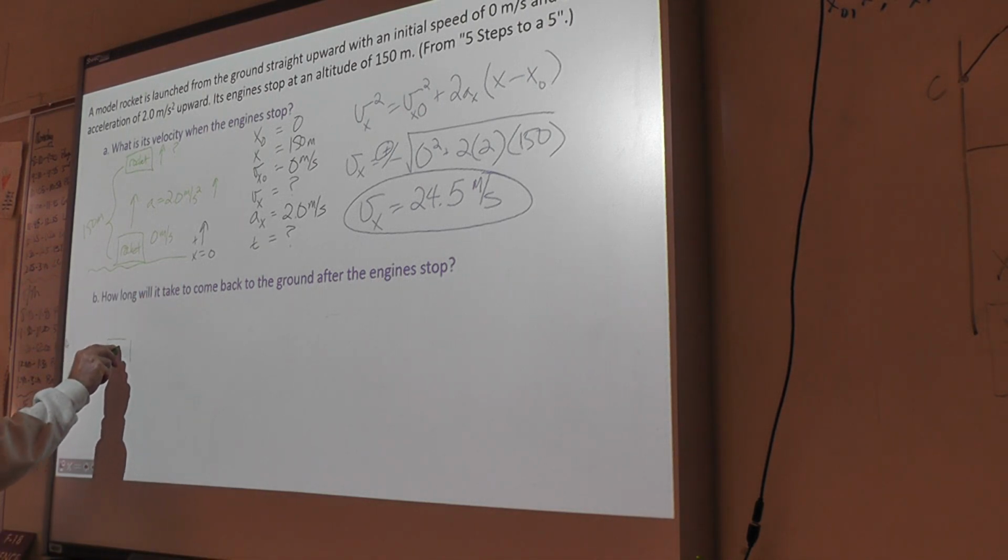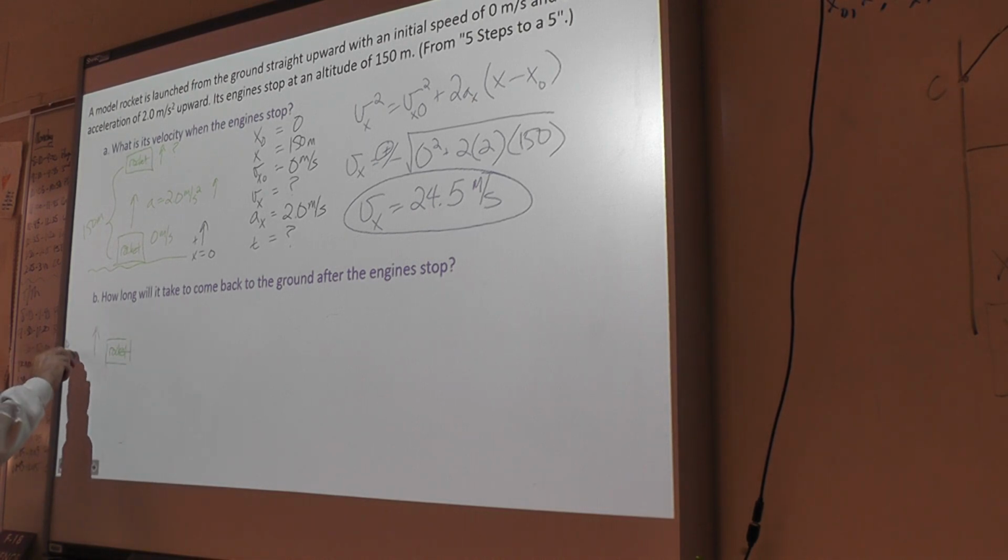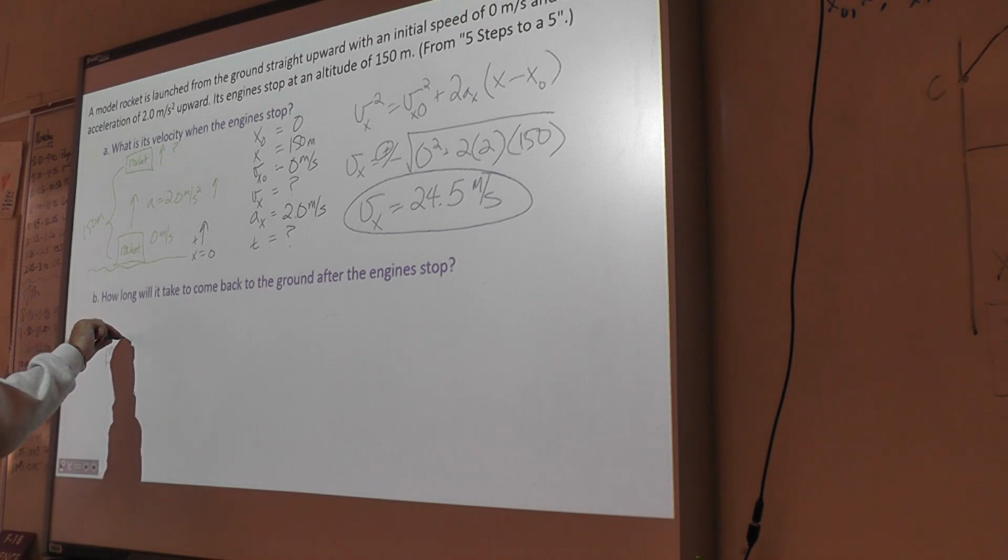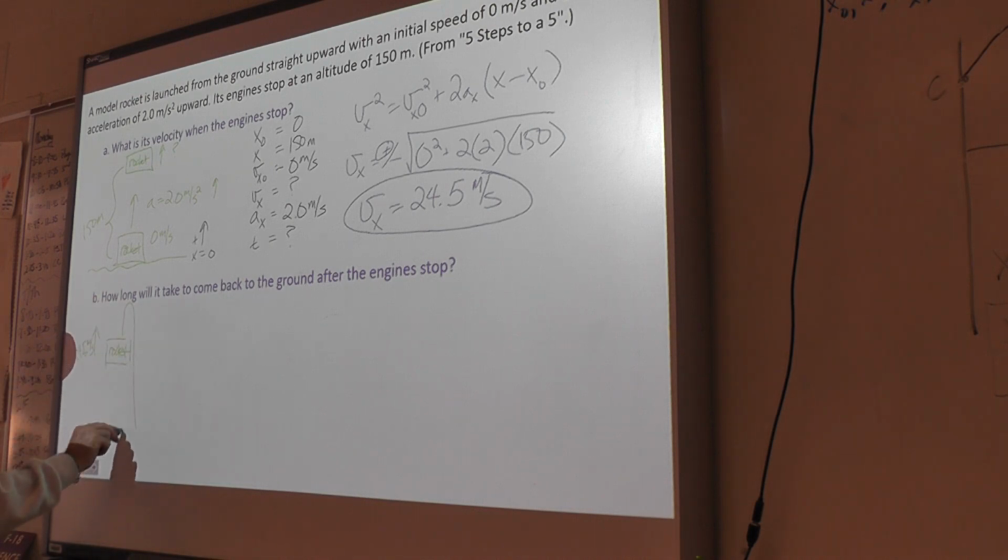Here's my rocket. At the moment the engines stop, it is moving at 24.5 meters per second straight up. It's not going to be the case that the engine's shut off and it starts moving down. It's going to keep going up, and then it's going to come down. Its motion is going to kind of look like this, right? And then it'll end up on the ground.